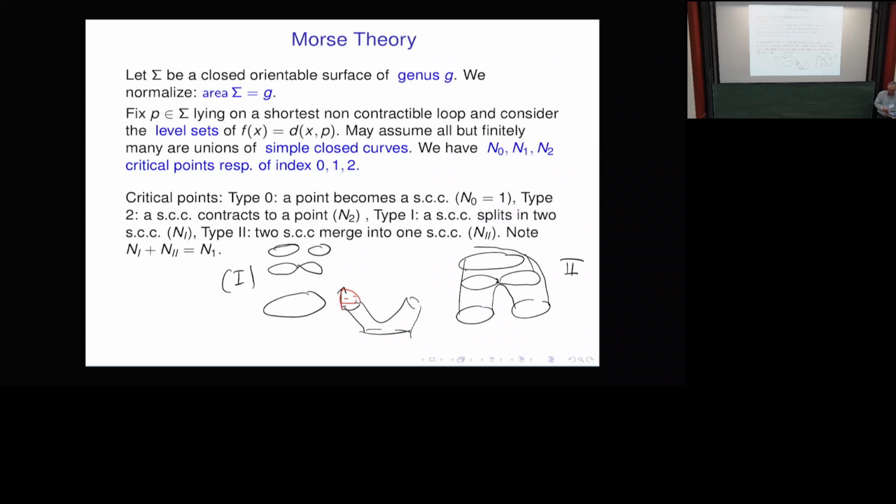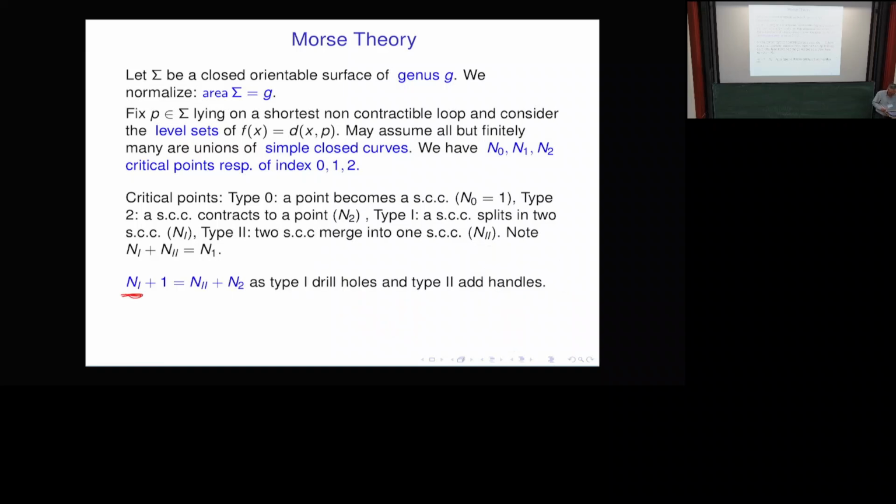Every time you do a type 2 move, since you start from X, you are going to get a closed geodesic like that. And this is what I'm going to use to construct the graph. Again, this is what I'm going to use from this discussion, that N2 is equal to G.